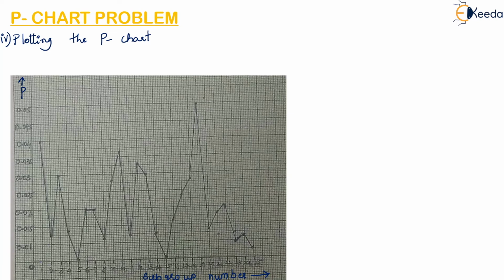So for sample number 1, the p-value is 0.04. So I have marked it here. Then for the second sample, it is 0.01. So I have marked it here. For the third sample, the p-value is 0.03. For the fourth value, it is 0.013. So it is somewhere here.